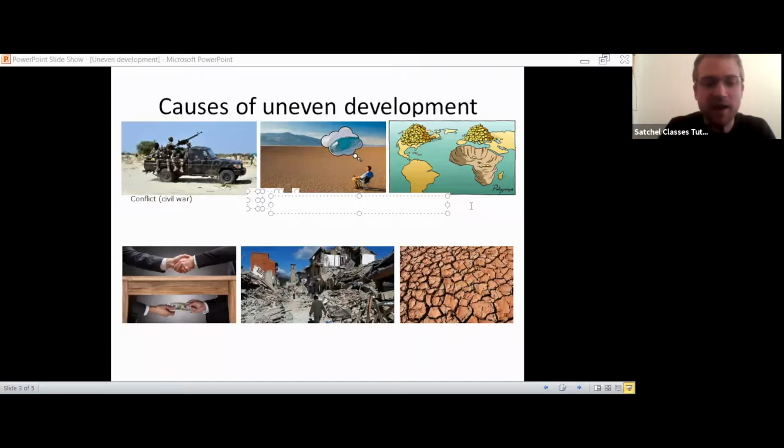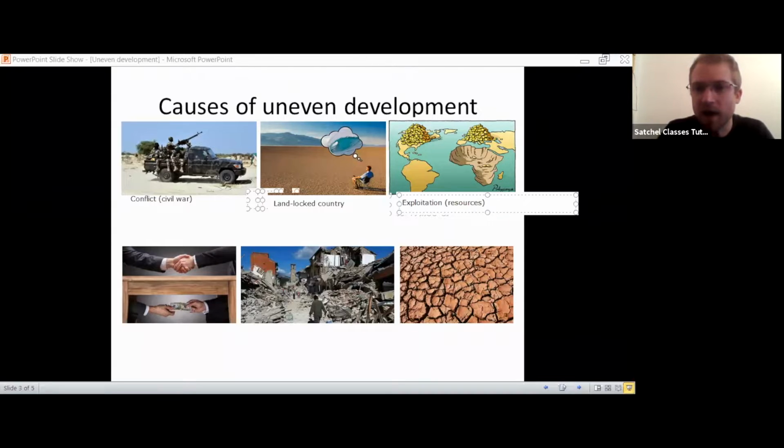So this is being a landlocked nation, which isn't through choice, but it's what people are stuck with. The third image, now this can be put down as exploitation, sometimes for resources, which can still in a way happen today.